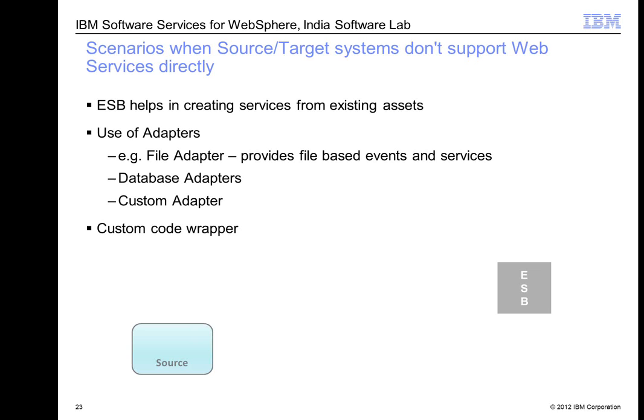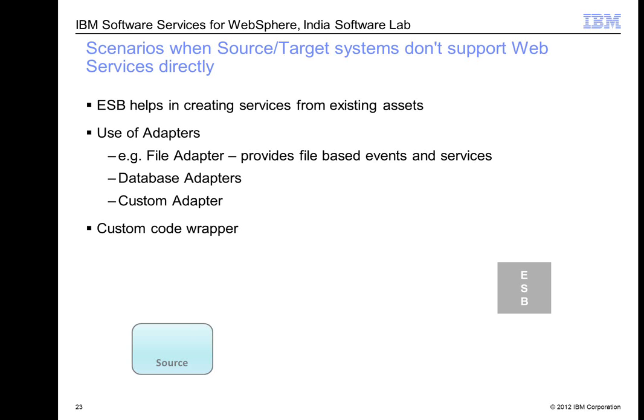Well, the good news is that the Enterprise Service Bus can help those systems also behave like services. In other words, ESB can make them expose their capabilities as web services, and also on the other side, ESB can make them call the web services by using some additional layers or wrappers. And some of these things are called adapters.